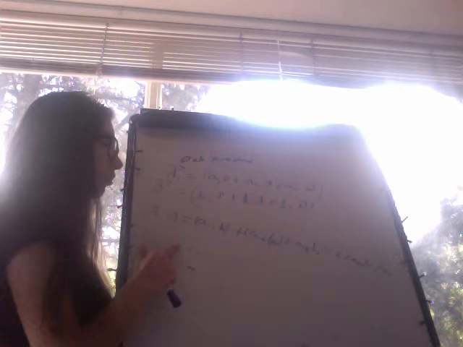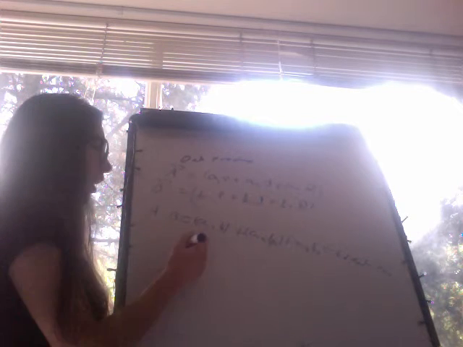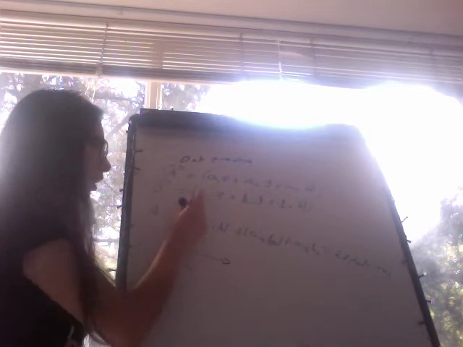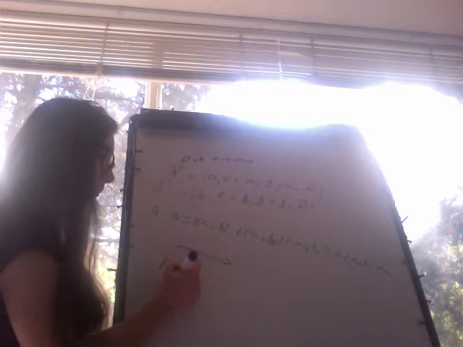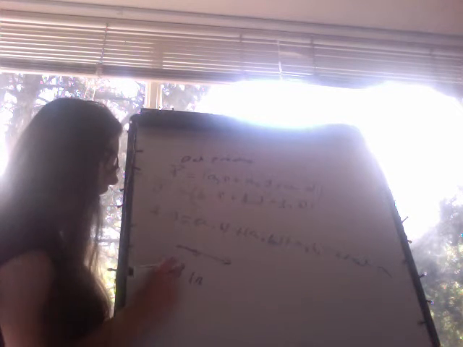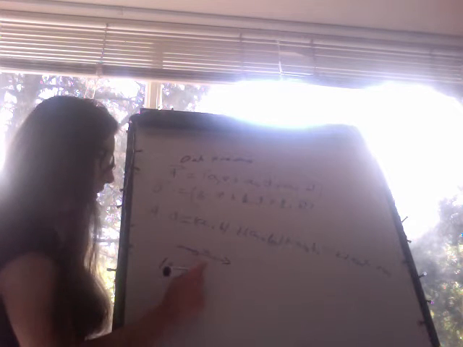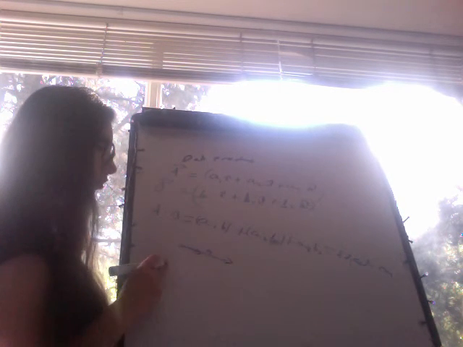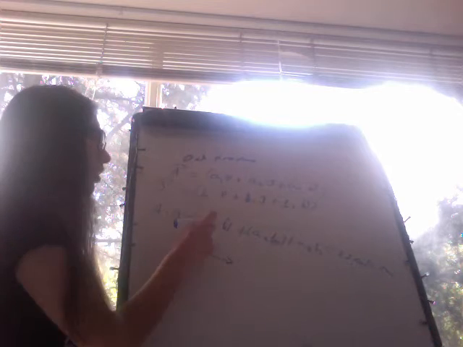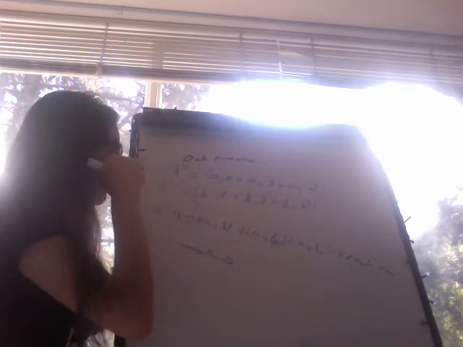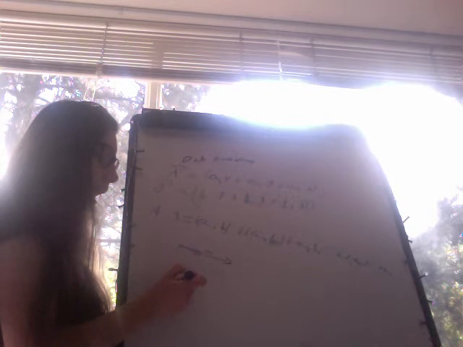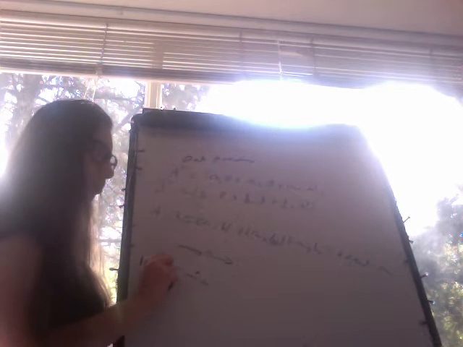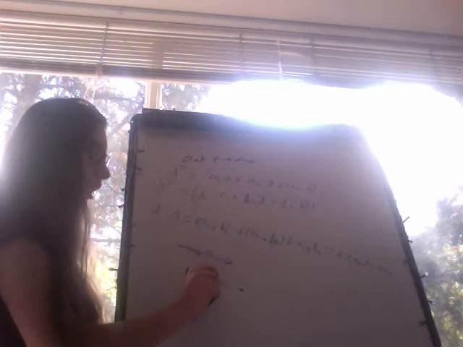Now vector A and vector B components are in the same direction, both in the I direction.